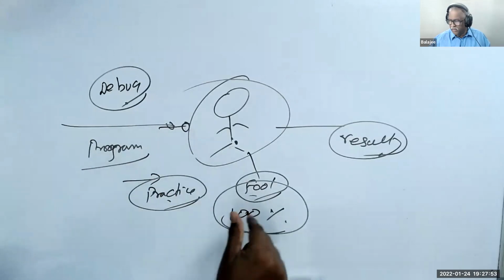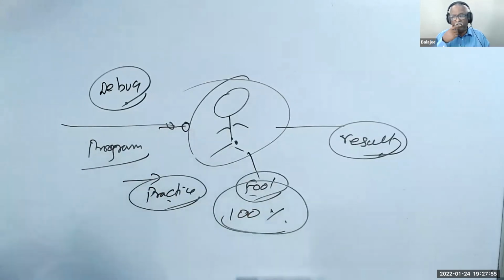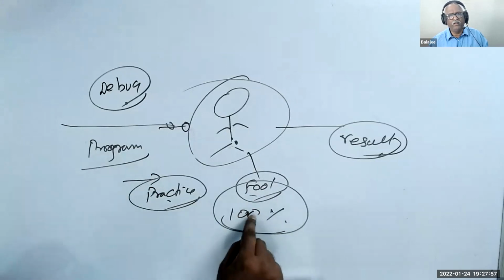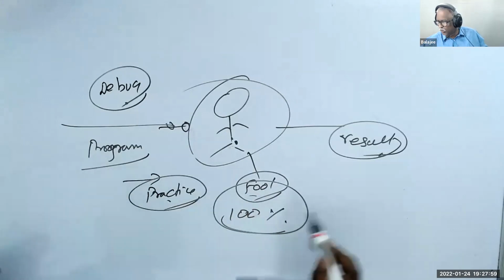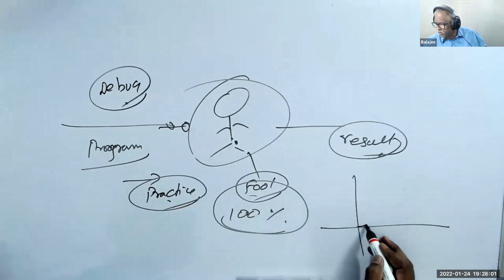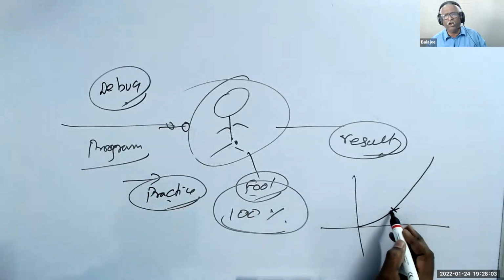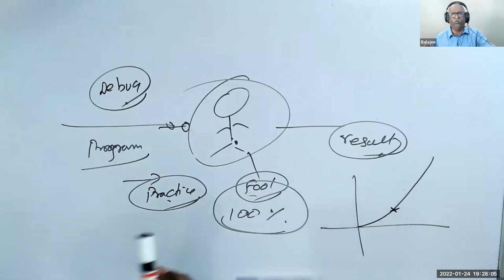That's a trick. The moment you understand that, that is the whole trick, man. The moment you learn that guy is a fool, then you win the game. Till that time, you cannot do that.